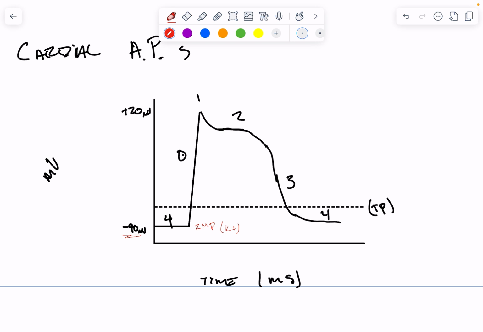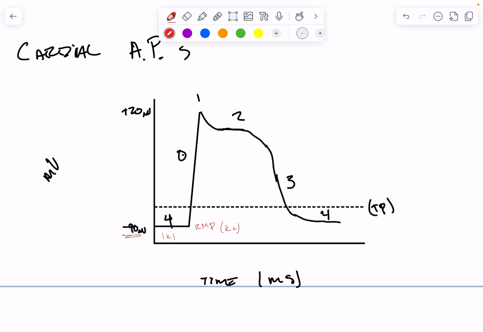So during phase 4 of the cardiac cycle, this is called IK1. The K stands for potassium. This is just when the cell is at resting membrane potential due to its concentration of potassium.